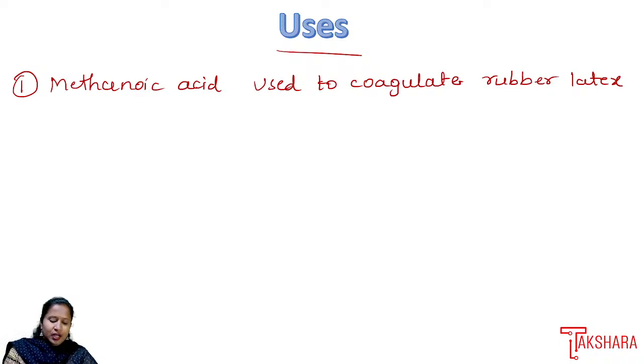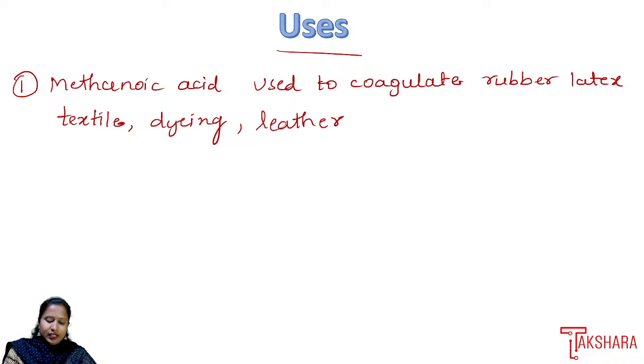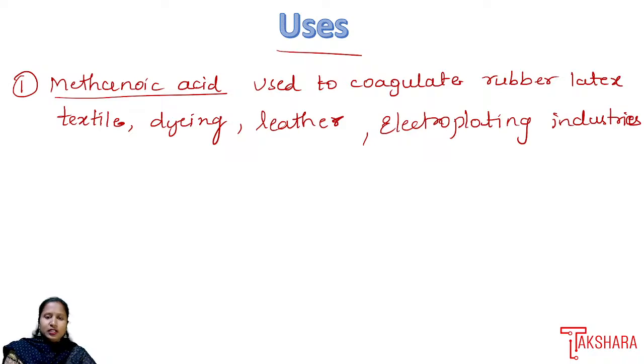It is also used in the textile industry and in dyeing, in the manufacture of colored solvents, and in the leather industry, and also in electroplating industries. Methanoic acid is used to coagulate rubber latex, and in textile, dyeing, leather and electroplating industries.